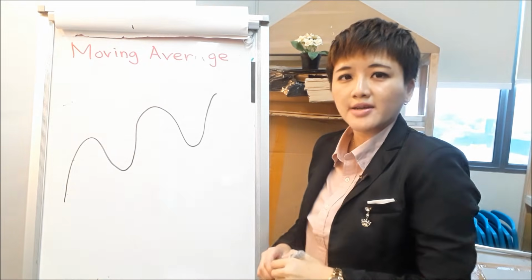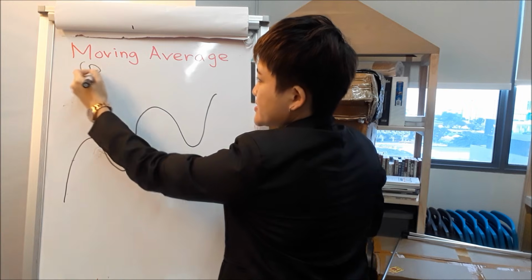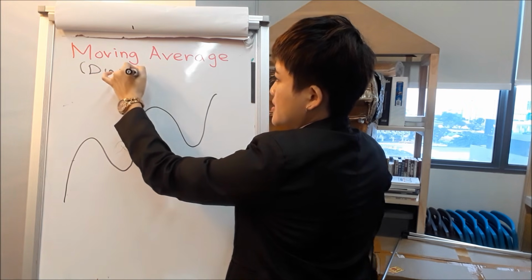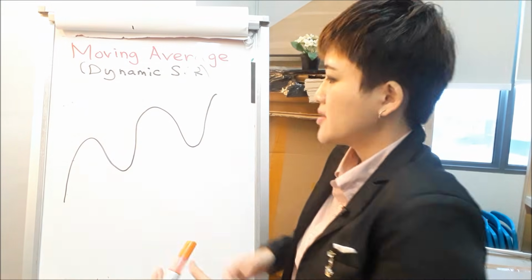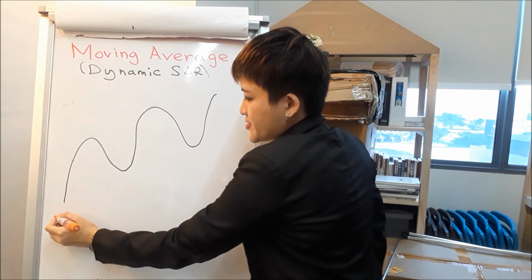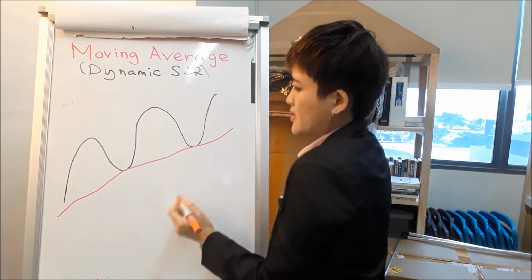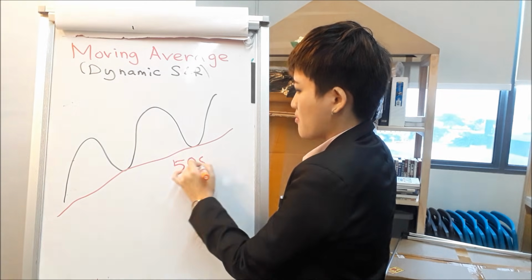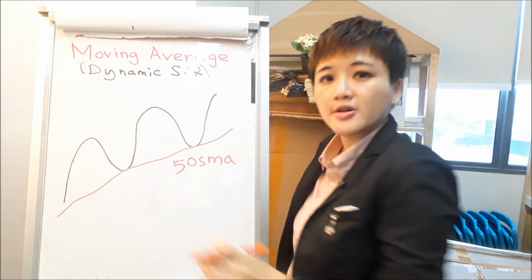Okay? So another type of support resistance is moving average. It is considered a dynamic support resistance. Okay? Because let's say if you have a 50 SMA, a lot of times you realize that it will often cause the price to bounce off from it.